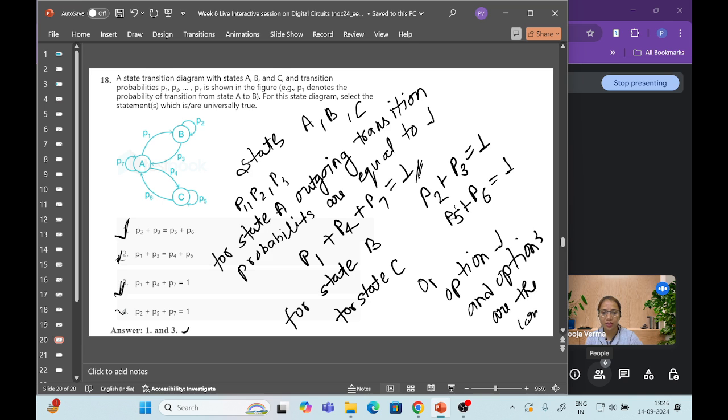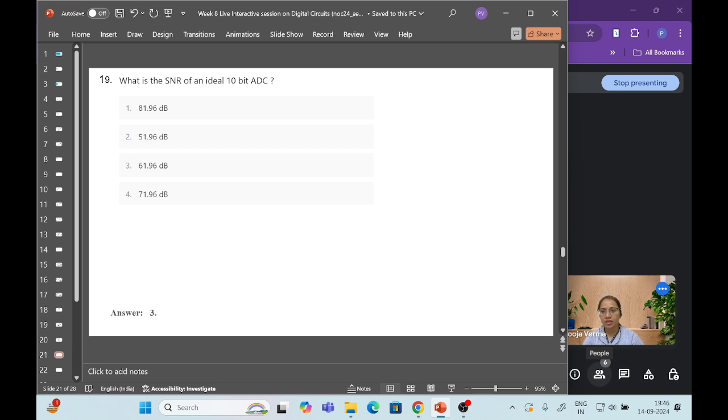So moving to the next one. The next question is, what is the SNR, signal to noise ratio, of an ideal 10-bit ADC?